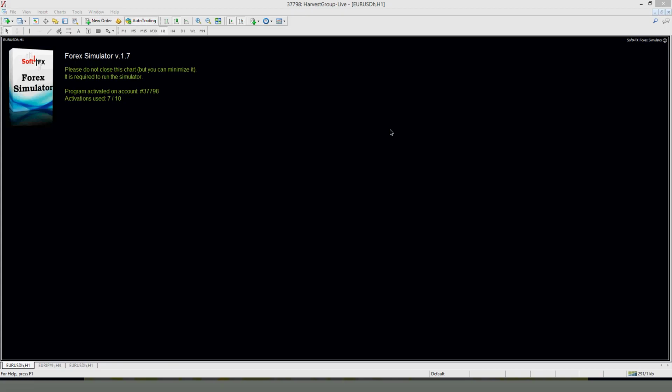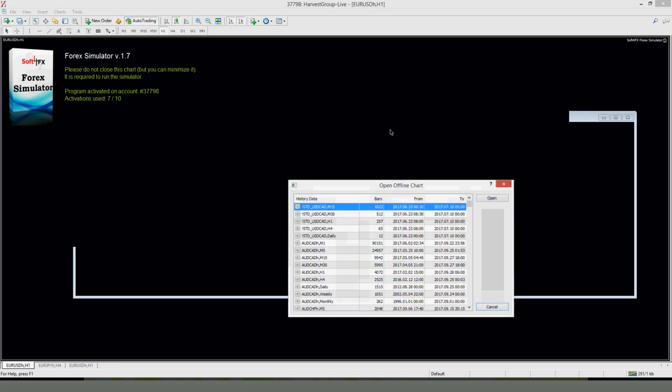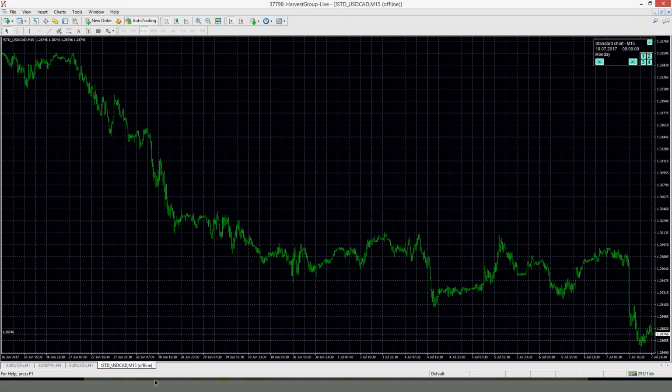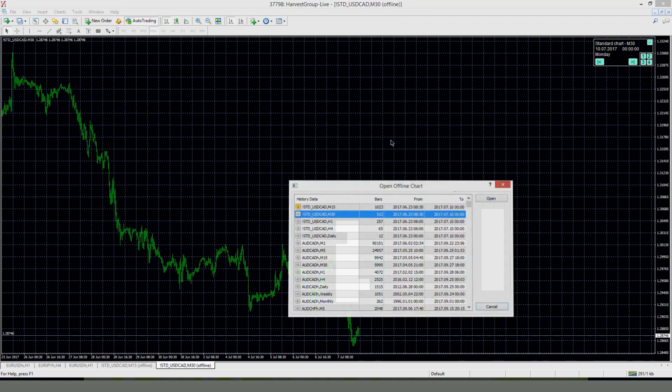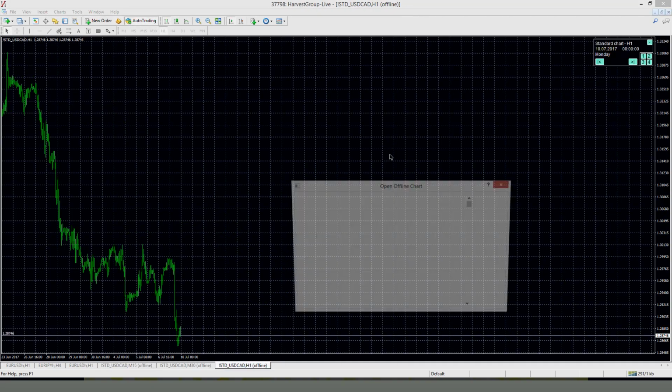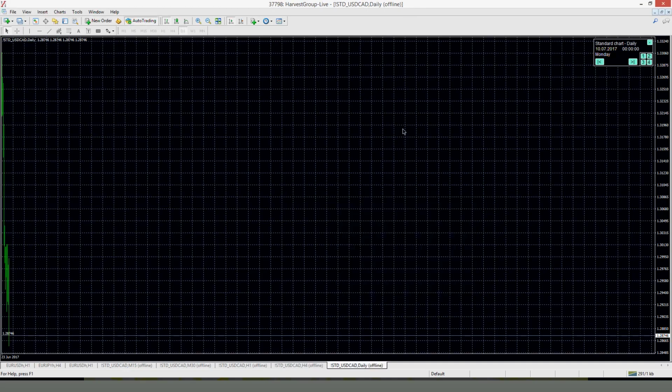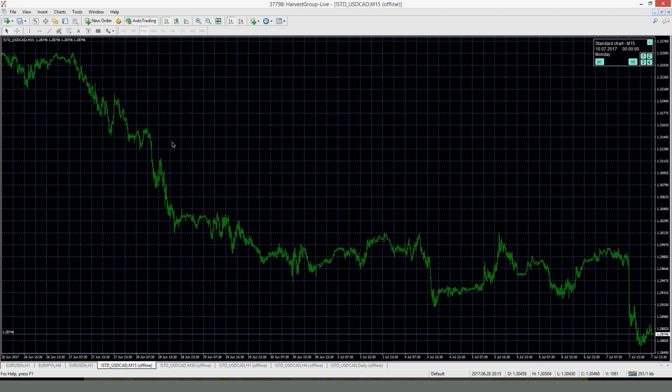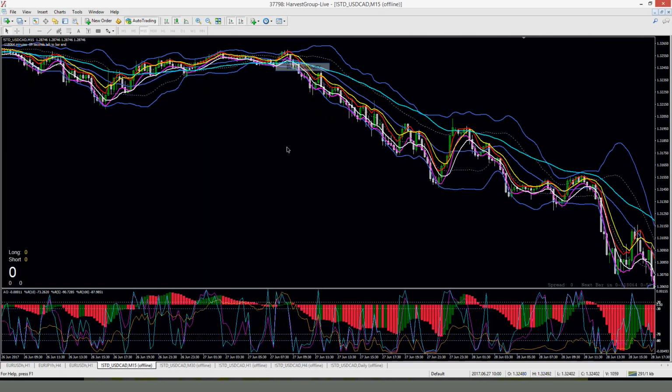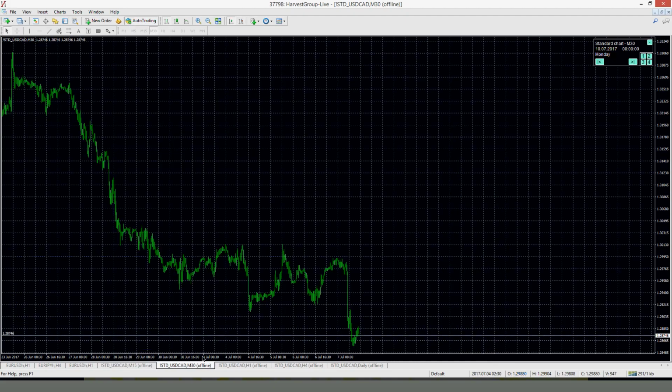Once you've done that, you open it one by one. Bit of lag here. So it adds over there, and then you open M30, H1, H4, and daily. Once you're done with that, you go to each time frame over here and load whatever setup you have.